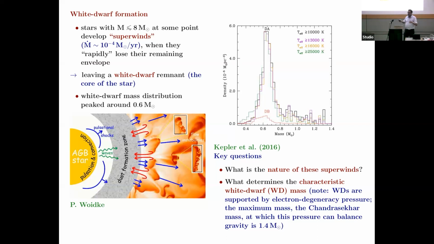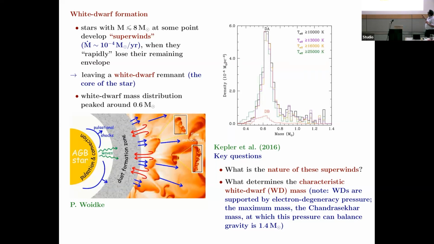The sun loses mass in the solar wind, but at the current rate, even over the lifetime of the sun, which is about 10^10 years, it will only lose 1 part in 10,000. At the end of the life, these mass loss rates will go up by about 10 orders of magnitude. And so in the time scale of a few thousand years or so, you can lose the rest of the envelope. The question is, why do stars suddenly do this?